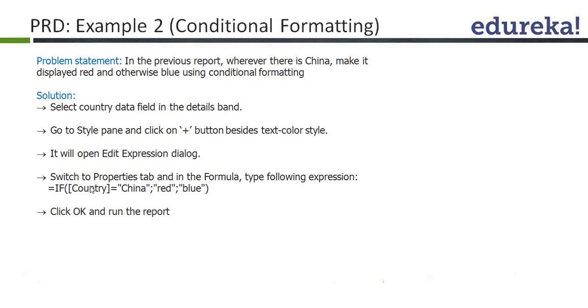So in square brackets you are saying country, if country matches China, then colon, and if yes, it will return the value red, if no, then it will return the value blue.